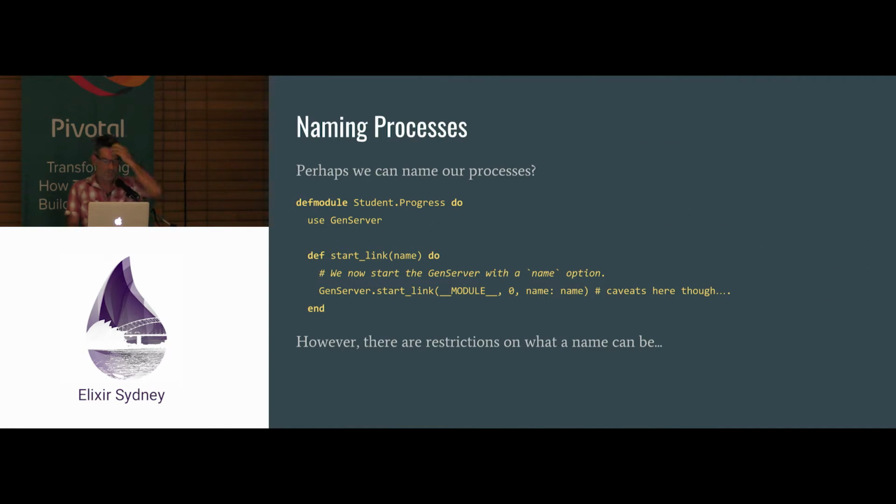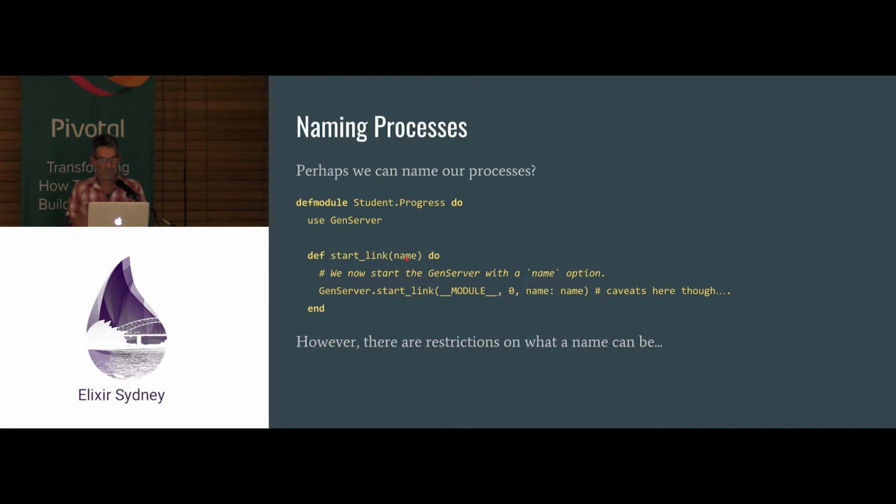One of the things we can do is name our processes. This is another thing we'll look at with GenServers. We saw before we can pass in a start link and we just get a PID back. In this case, the third argument here that we're using is one of the options. You can pass in a name to a GenServer. We can't pass in any name.